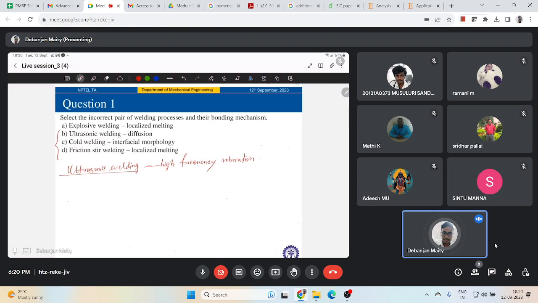Now here you need to hold the workpiece together under some moderately low static pressure. Now it produces a weld by some oscillating shear force. So these are some terms which I am using here.